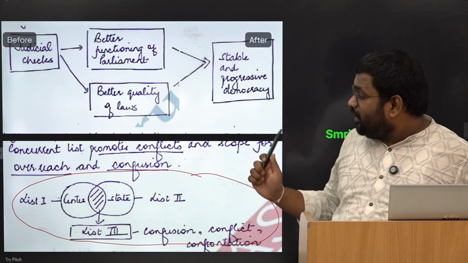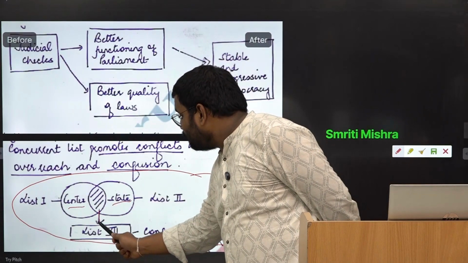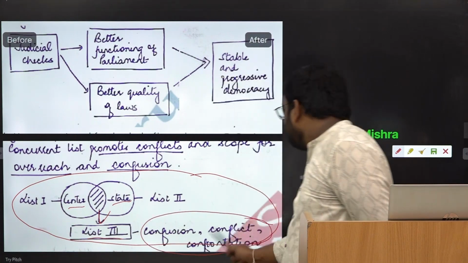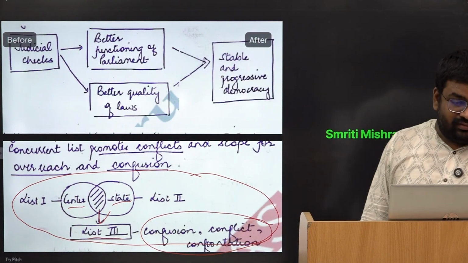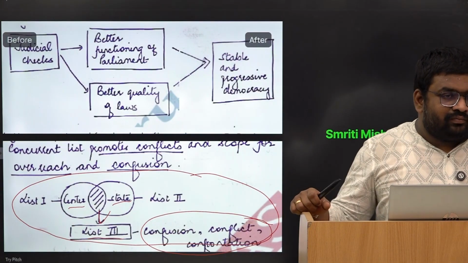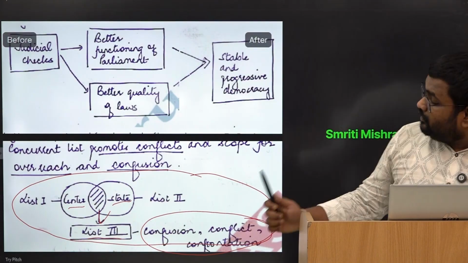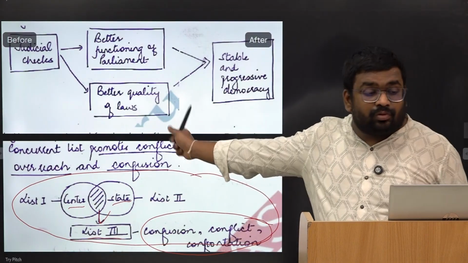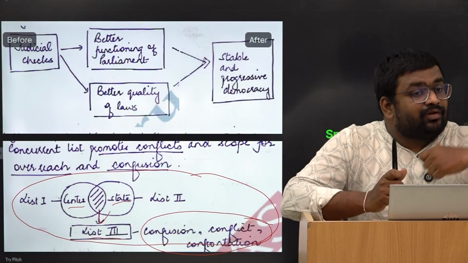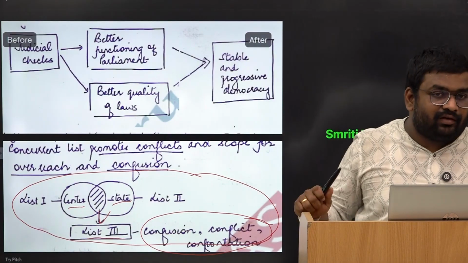So what she has done, list 1 center, list 2 state, and list 3 which is concurrent list, which creates the confusion and confrontation, which was the demand of the question. Right, so rather than simply writing the point, she has used the diagrammatic representation to highlight that particular point. Again, that will catch the attention of the evaluator, and he is definitely going to appreciate that.